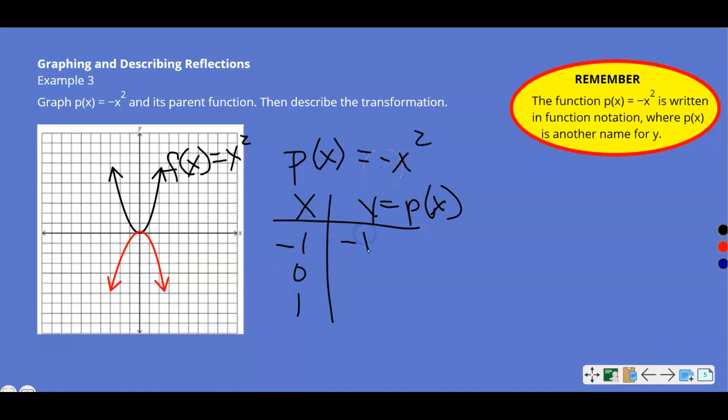So (-1, -1). 0 squared is 0, times anything is 0, and then 1 squared is 1, times negative 1 is negative 1. So you can see those 3 points here that I graphed. If you're not sure that that's just a reflection across the x-axis, you can always choose x values, plug them into the function to get your y values and graph those points. Just make sure that you have positive and negative. You want to have at least one point on both sides of the vertex.